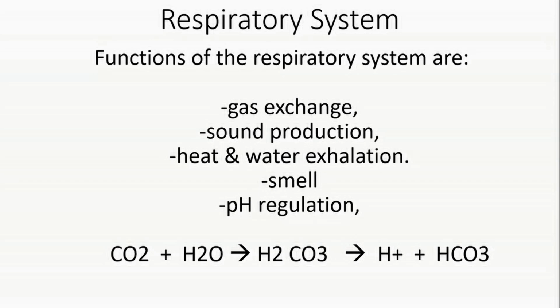The more hydrogen ion there is in our body, the more acidic our blood becomes. So the way our respiratory system prevents severe acidity is by breathing out carbon dioxide.